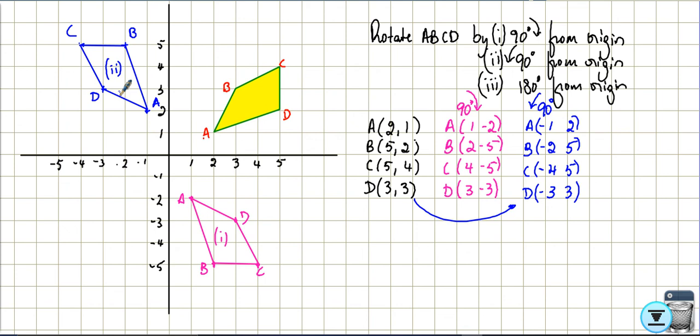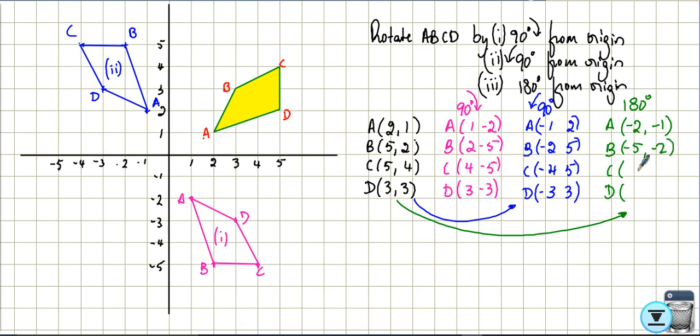We had our last shape, it was a 180 degree rotation. I don't need to swap coordinates. I only need to change all signs. So changing signs from 2, 1, my 4 coordinates will become minus 2, minus 1; minus 5, minus 2; minus 5, minus 4; and minus 3, minus 3.